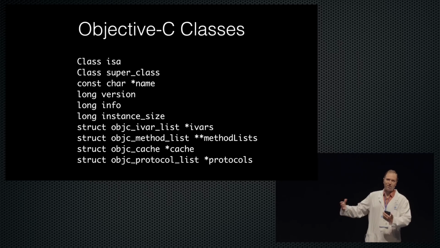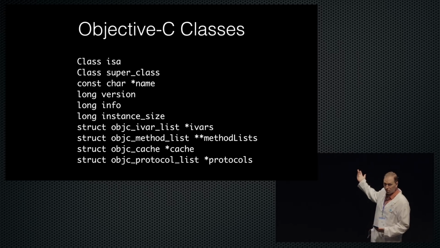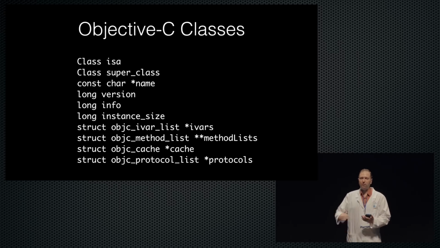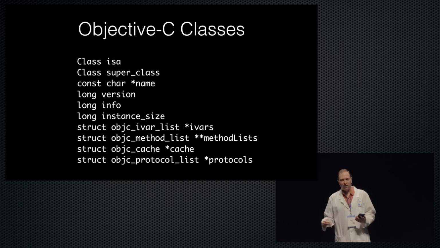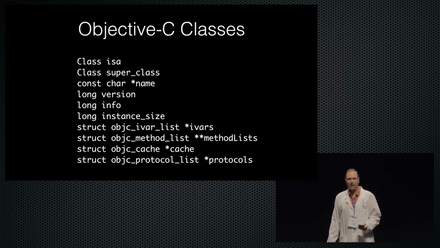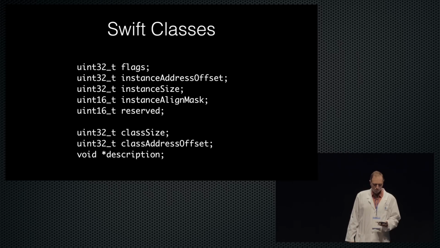A class has a class, that's called the meta class, and you can follow that rabbit hole all the way down until you get very confused. The class also stores superclass, so that allows you to follow the chain up and essentially explore the class hierarchy. Class stores its name, it stores a bunch of other stuff, it stores how big its objects are, it stores a list of instance variables and methods, and it's got a cache which speeds up method dispatch.